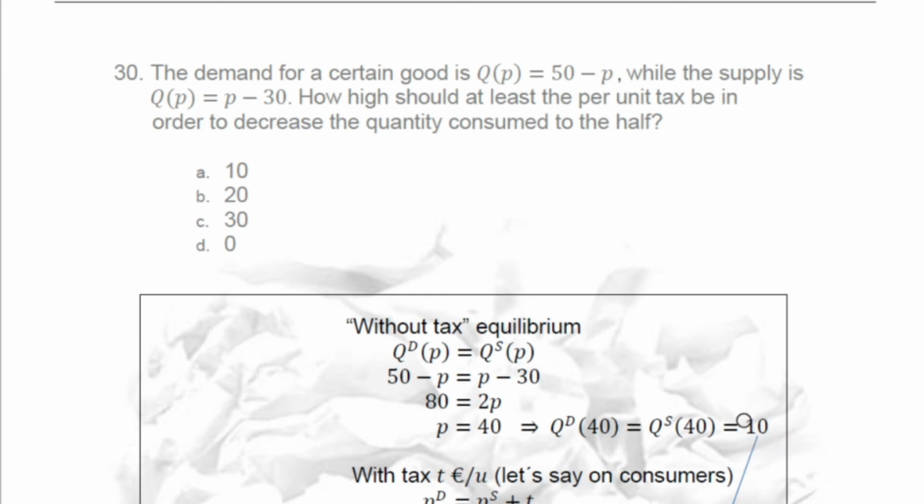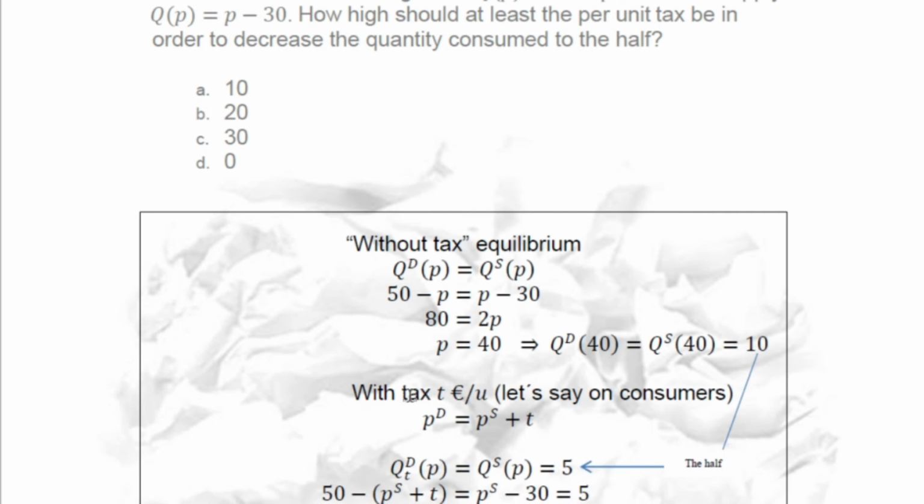So if we want to reduce the quantity exchanged to half, we want to reduce it to 5. Remember that with the tax, for example on consumers, the price paid by consumers will be the price received by producers plus T. Then the new demand is 50 minus, instead of P, we substitute PS plus T, equal to PS minus 30, and we want this quantity to be 5.